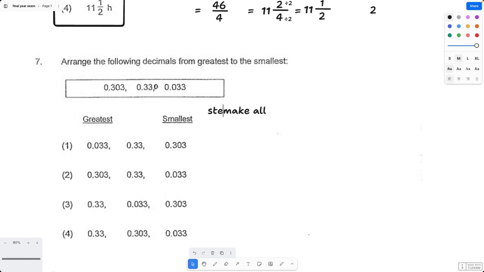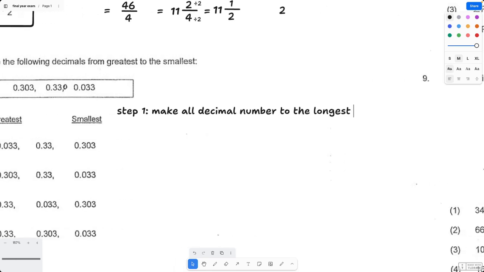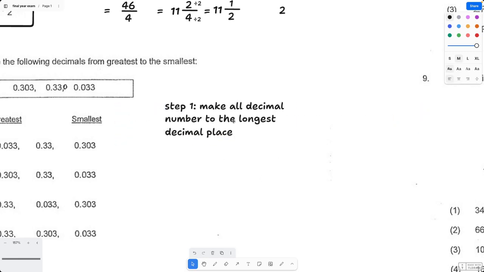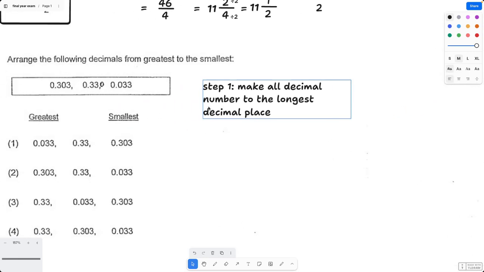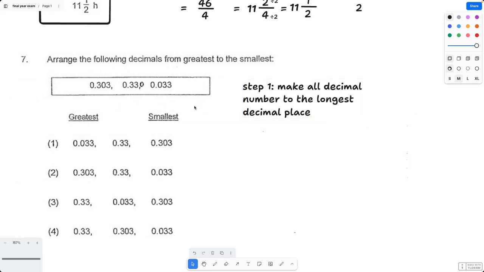So step 1 is to make all decimal numbers to the longest decimal place. So in this case, it will be 0.303, right?